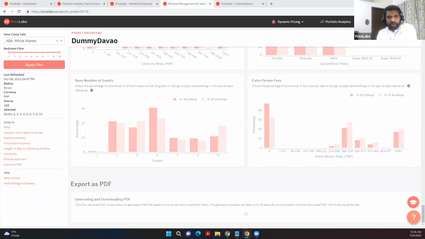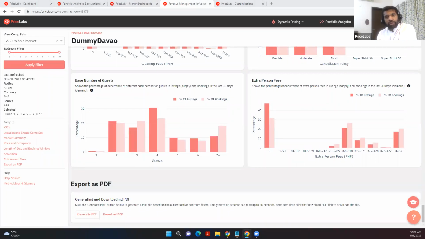In compare against market, you see market occupancy. Any chance to also get a market revenue graph here? Market revenue, I guess what you really mean is ADR, because market revenue, depending on the number of properties, is not normalized.